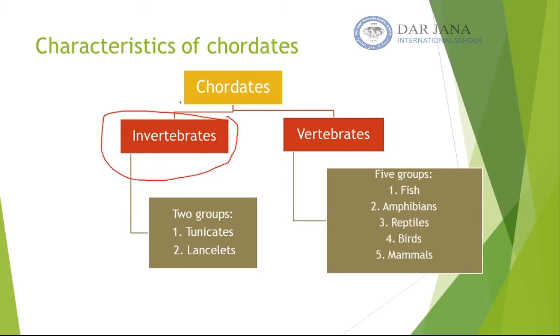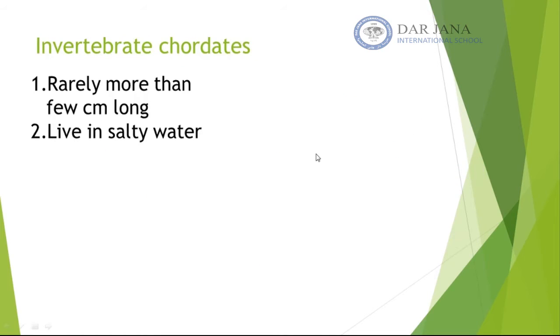So we have invertebrate chordate that include 2 groups that are tunicates and lancelets. And the vertebrate chordate, we have 5 major groups. We mentioned them earlier before: the fish, amphibians, reptiles, birds, and mammals. Okay? So later on, you would be able to know that the notochord develops into a backbone during the growth of an embryo in humans.